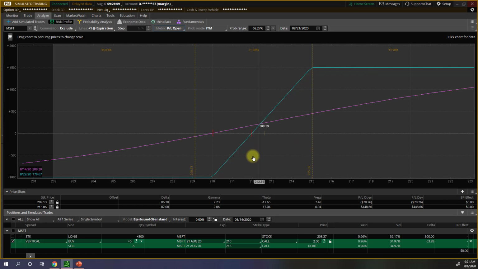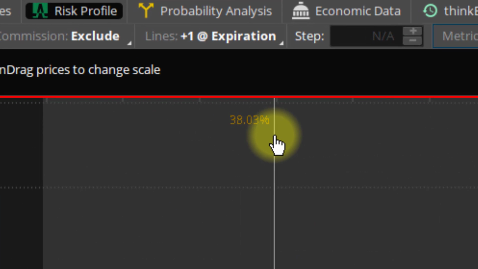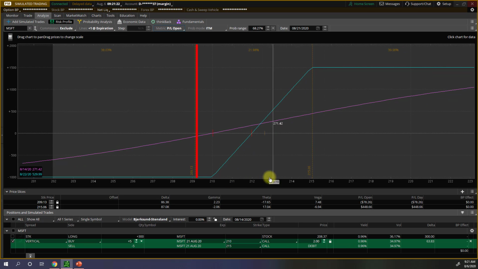And thinkorswim is showing you what's the probability that the stock price will be somewhere here to the left. Right there, about 38%. What's the probability that it's somewhere between these two gold price slices? About 22%. The probability that it's above? Almost 40%.